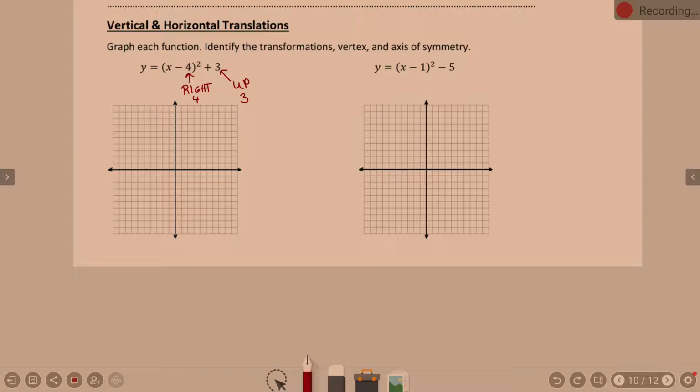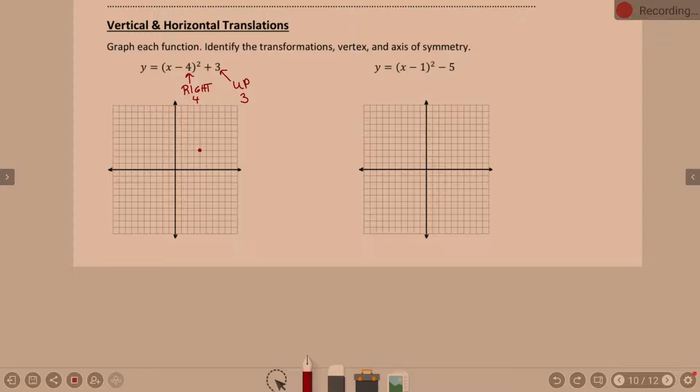You ready? So I'm going to go right 4, up 3. That's my new vertex, correct? Okay. If you use that whole idea of 0, 0, 1, 1, 2, 4, 0, 0 represents a vertex, yes? 1, 1 says our first set of points go over 1, up 1 from the vertex.